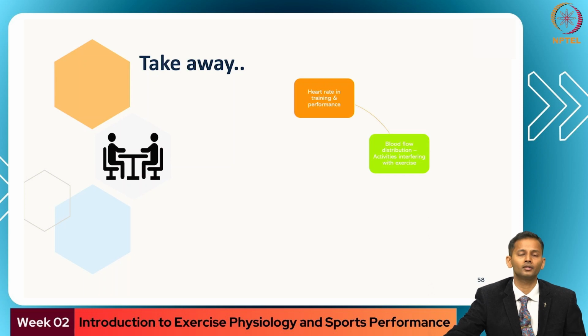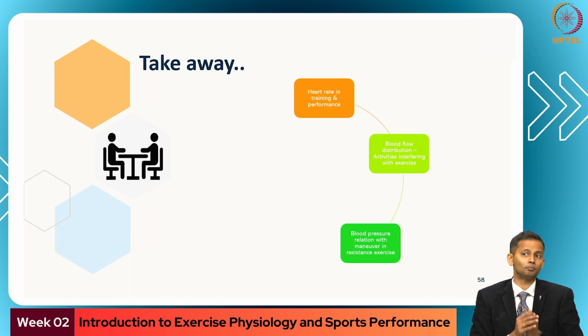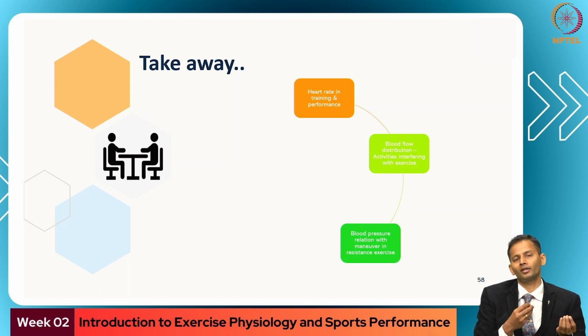So heart rate in sports is a very important aspect, and also blood flow distribution. Different activities vary the direction of distribution of blood flow to the needy organs, so accordingly you can plan your activities and avoid such activities during your exercise workouts.